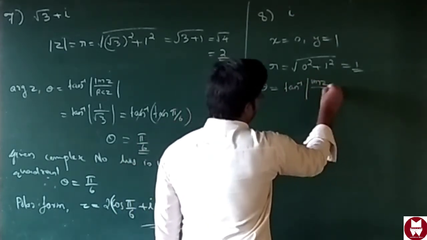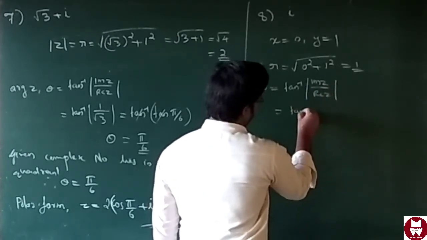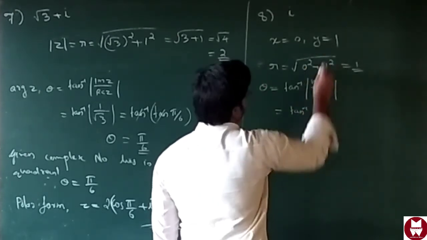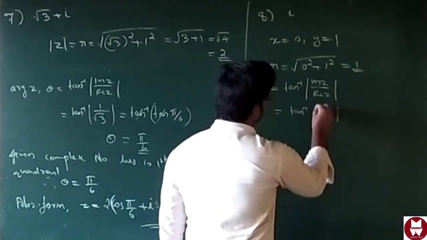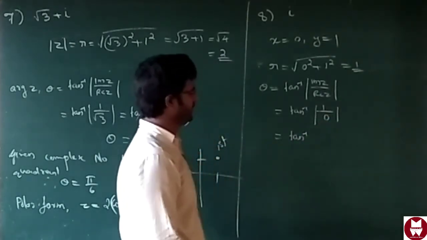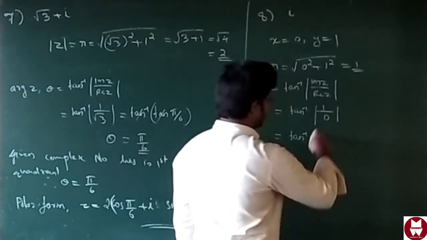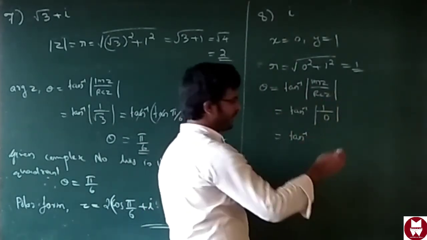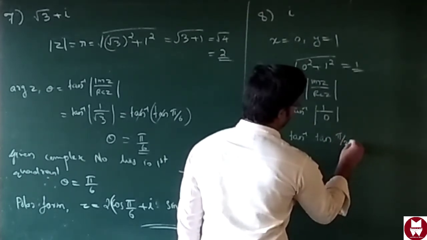Then theta, the argument of z, that is tan inverse of imaginary part of z over real part of z. Imaginary part is 1 divided by real part is 0. Tan inverse 1 divided by 0, that is not defined. When the tan value is not defined, that is tan 90, meaning pi by 2.